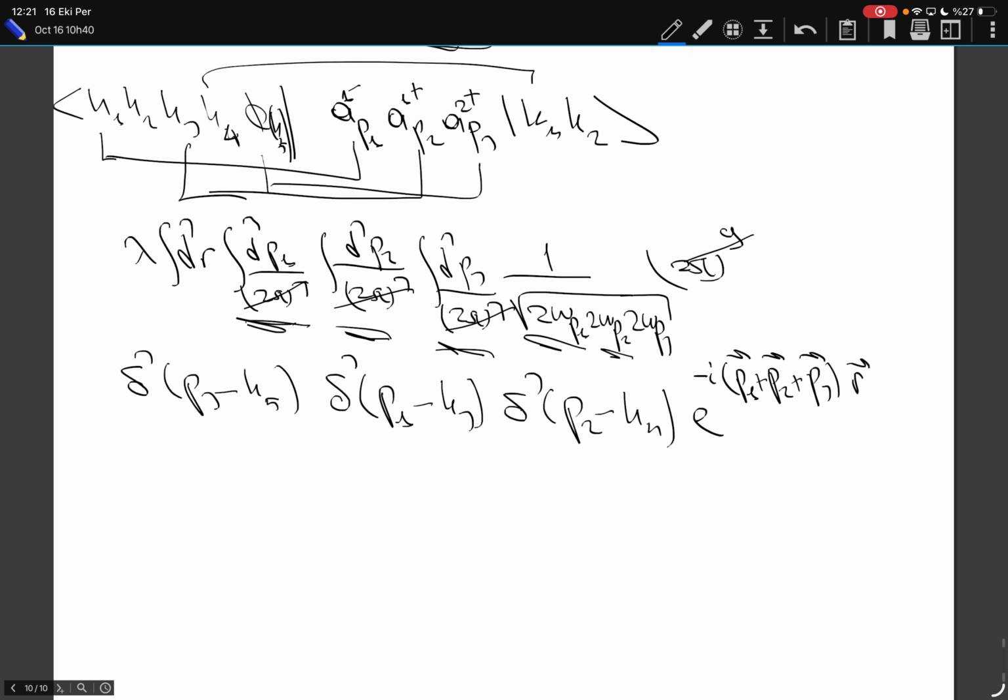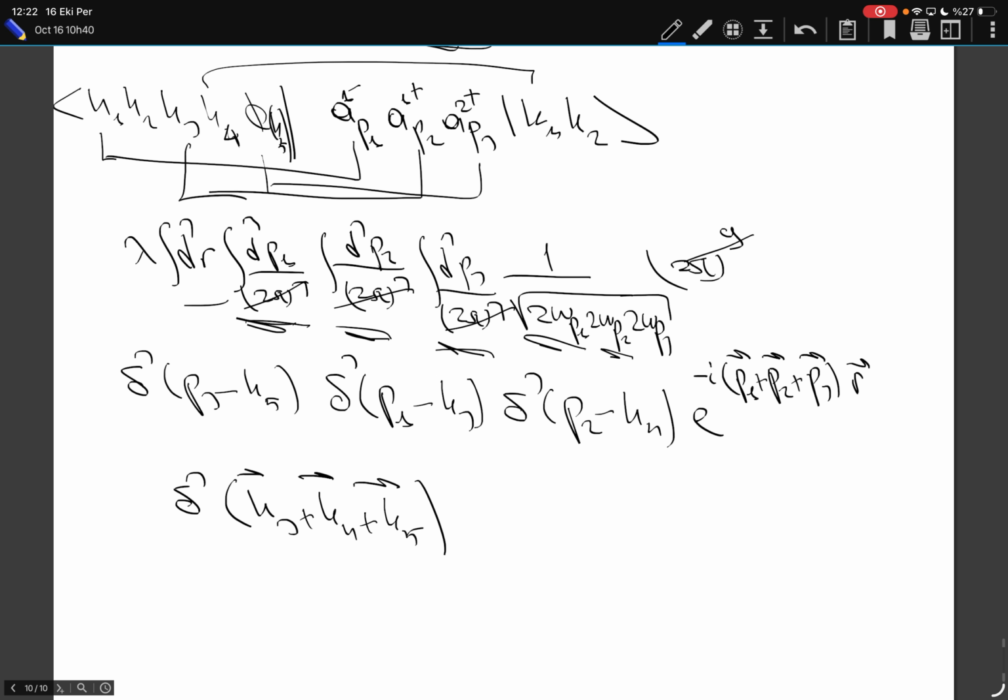Now, what else I have? Then I will end up having R integral will give me a Dirac delta of P1 plus P2 plus P3. They should all sum up to 0 momentum. And then I have K3 plus K4 plus K5.